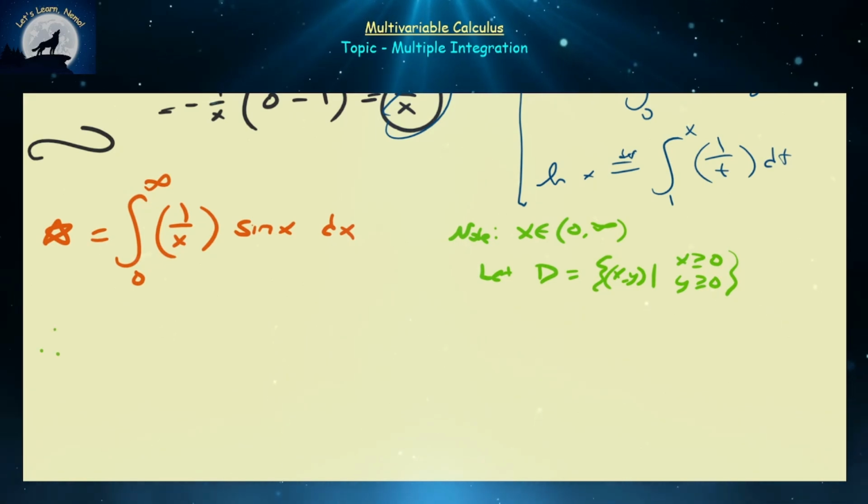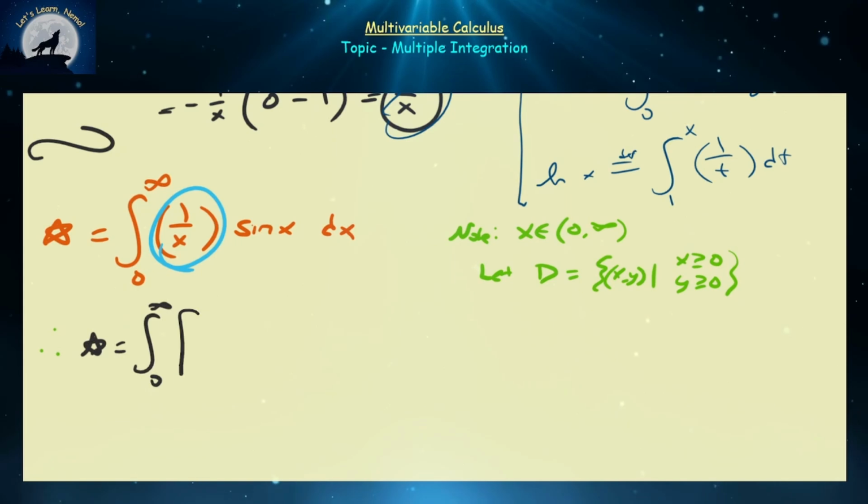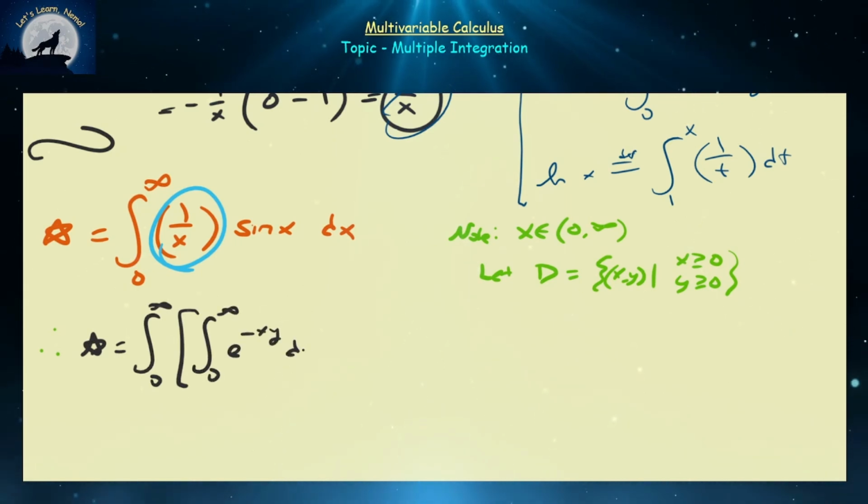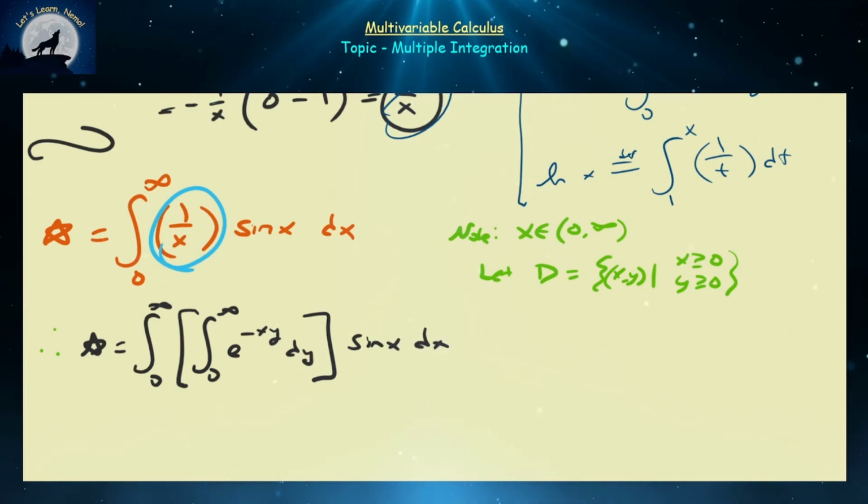Right? So how can I re-represent this integral? Keep in mind, I can write 1 over x as that integral that I mentioned before. So I can write this as the integral from 0 to infinity of the integral from 0 to infinity of e to the minus xy dy, and then we're going to have sine of x dx.